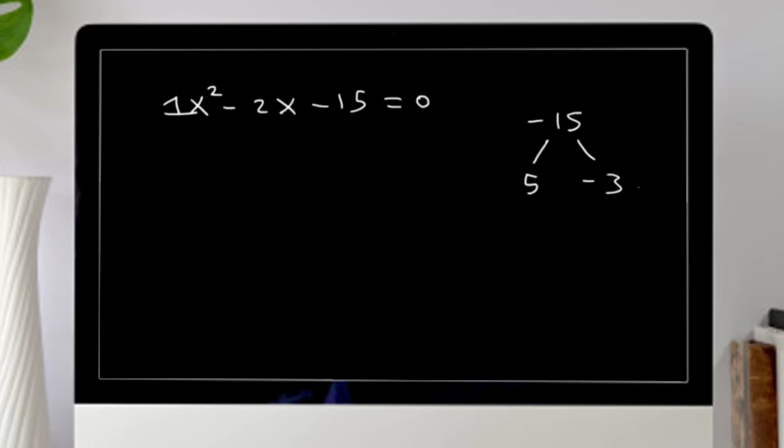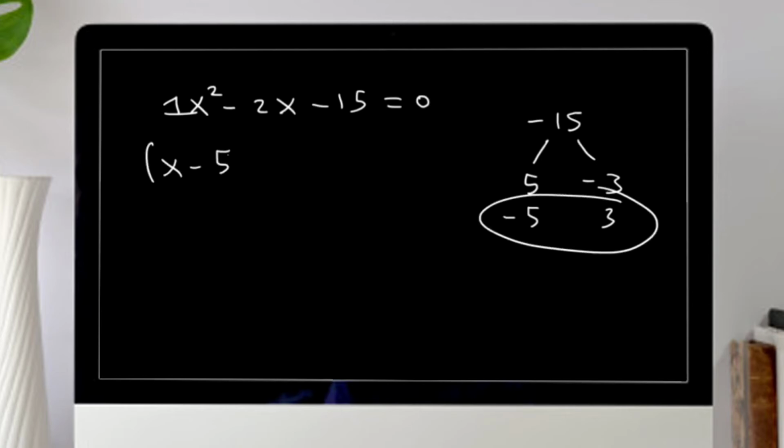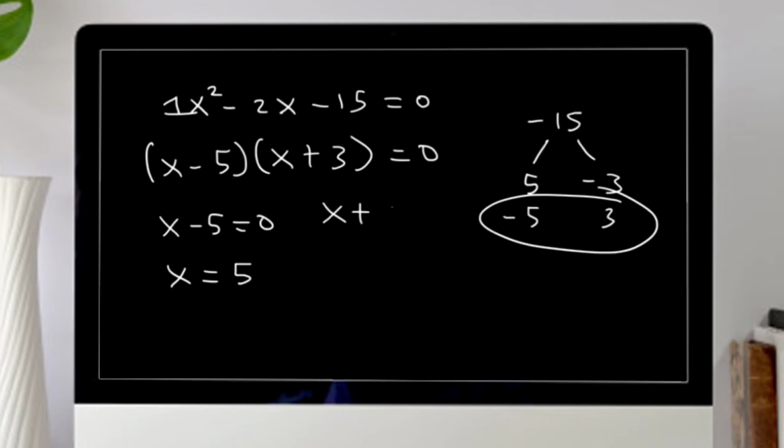So we have positive 5 and negative 3, or negative 5 and 3. 5 plus negative 3 adds up to positive 2, but negative 5 plus 3 adds up to negative 2. So this is what we want to use. To factor it, it's simply going to be x minus 5 times x plus 3. So if we set x minus 5 equal to 0, x will be equal to 5. And if we set x plus 3 equal to 0, x will be equal to negative 3.